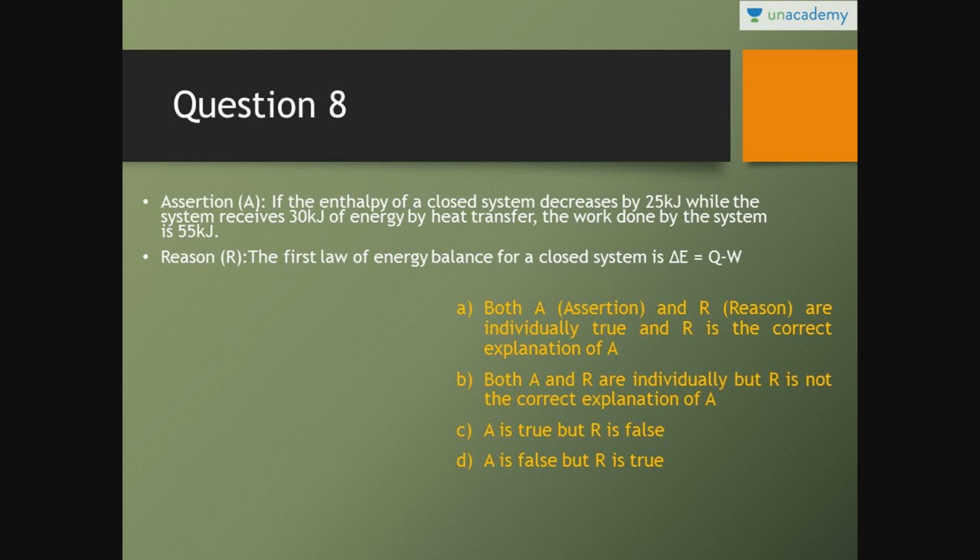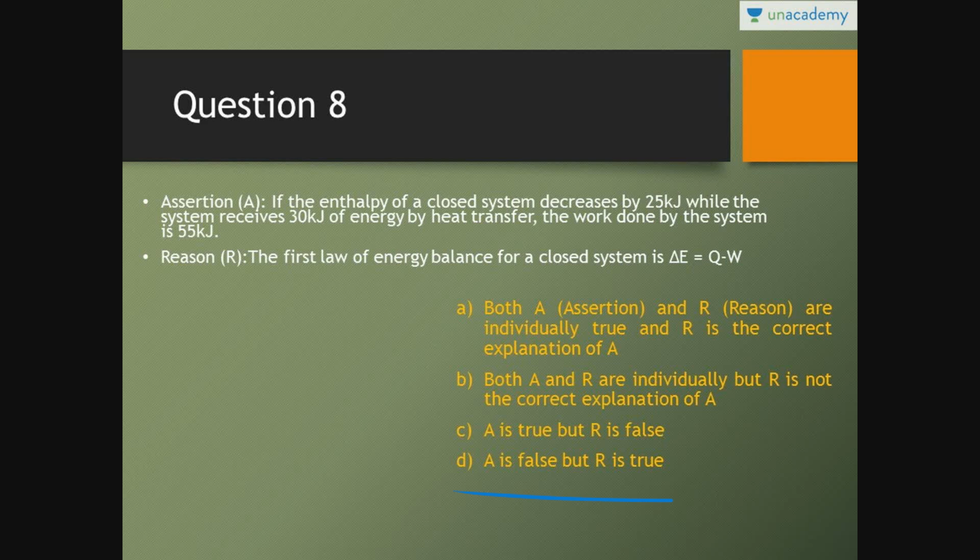Option A: both assertion and reason are individually true, but R is not the correct explanation of A. Option B: both A and R are individually true, and R is the correct explanation of A. C: A is true but R is false, and D: A is false but R is true. These are the 4 kinds of options.